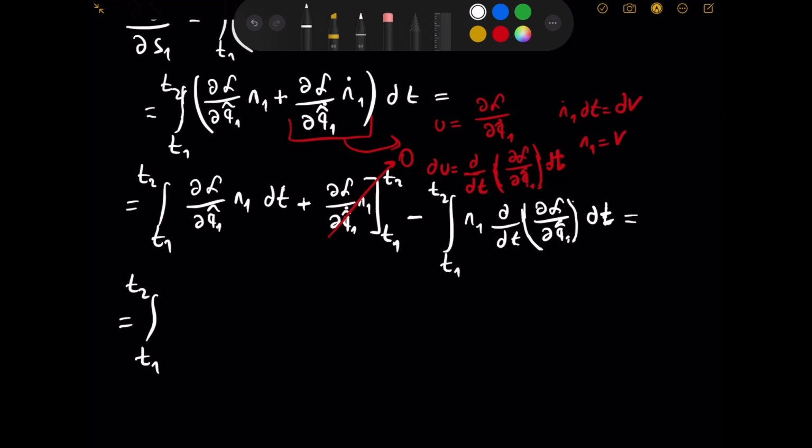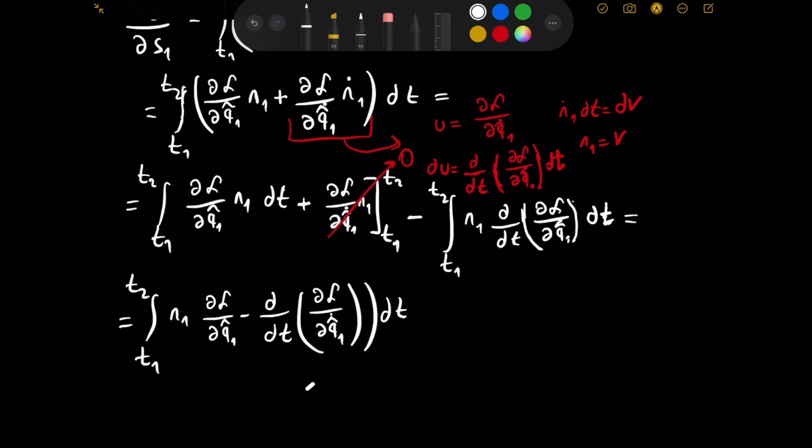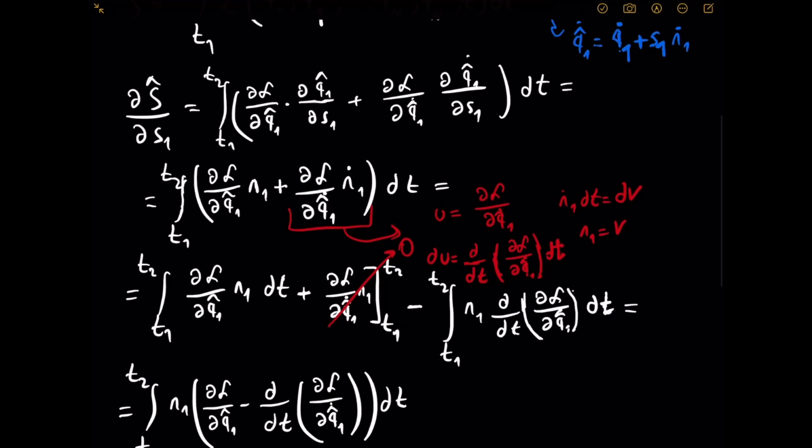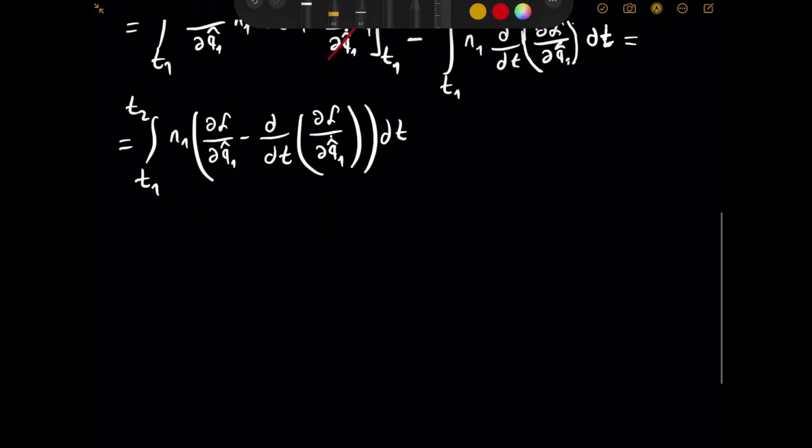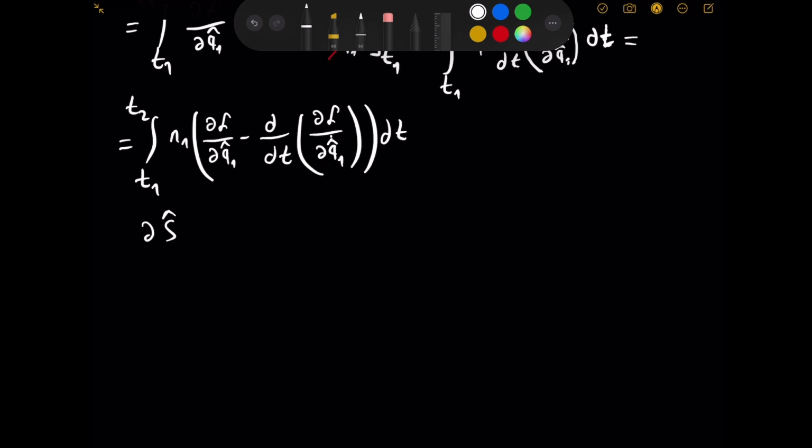I will factor out the n1, which might be apparent why I do that at this point. But just bear with me for another few minutes. dt. All right. Now, we just took the derivative of the action functional with respect to S1. That's fine. What we can require now, though, is that we're actually looking for places where I want to evaluate this for S1 equaling 0.